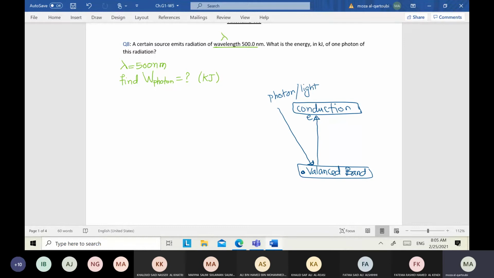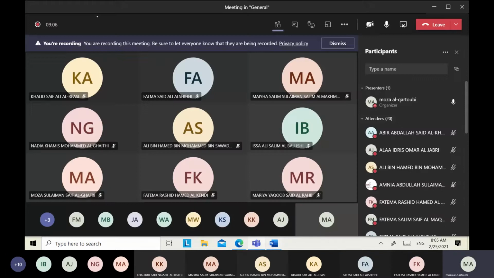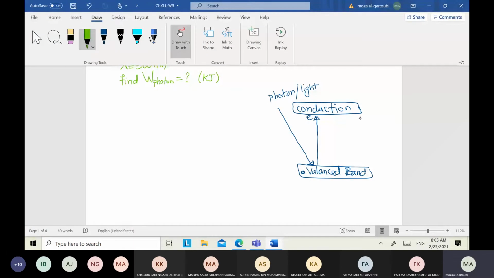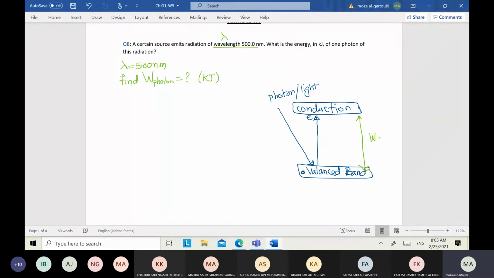The energy between the two bands is called WG, the energy of the band gap. The energy of the photon or light should be greater than the energy of the band gap to create one exciton.